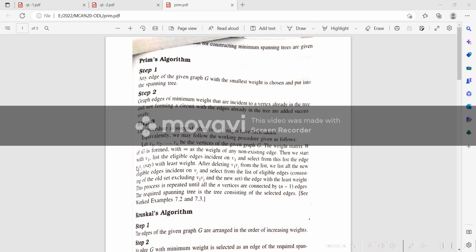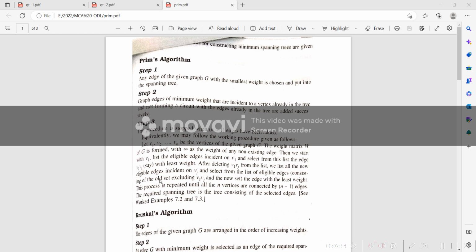So we should take into account the edges which are incident with vj except this v1 vj, because that one is already selected. Okay, among those, that is some set of edges incident with v1 and edges incident with vj.